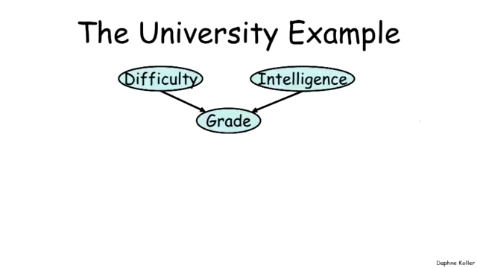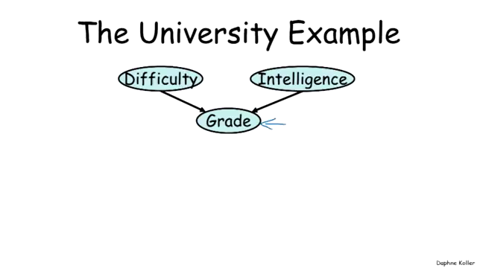So let's look at one example a little bit more concretely, because it's an example that we're going to use in some of the later analysis. So now let's return to our university example, where we have a student who takes a class and gets a grade, and that grade depends on the student's difficulty, the difficulty of the course and on the intelligence of the student.